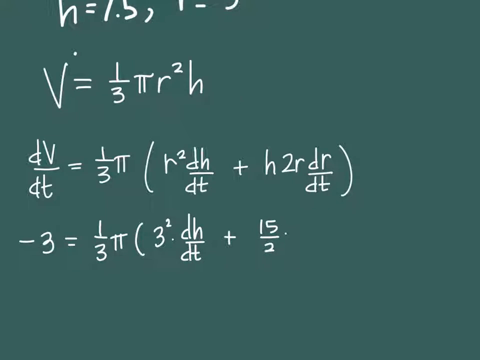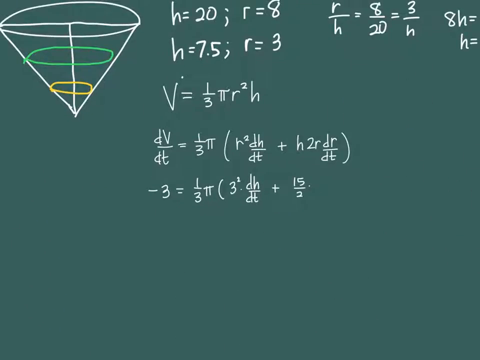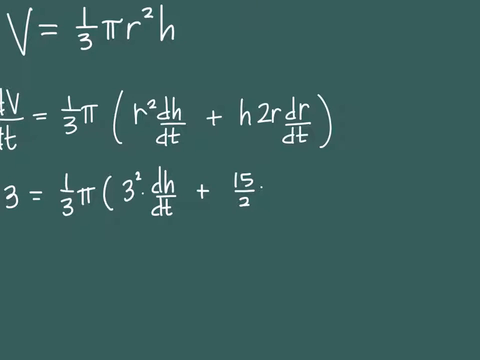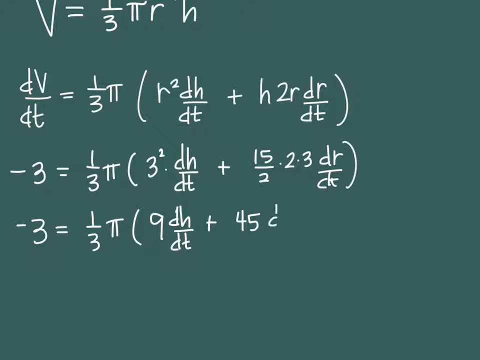And then 2 times the radius of 3 times dr/dt. So we've come up now with -3 equals 1/3 of pi times 9 dh/dt plus 45 dr/dt.